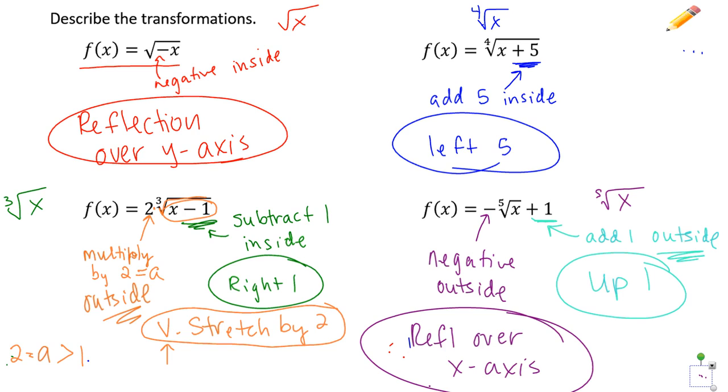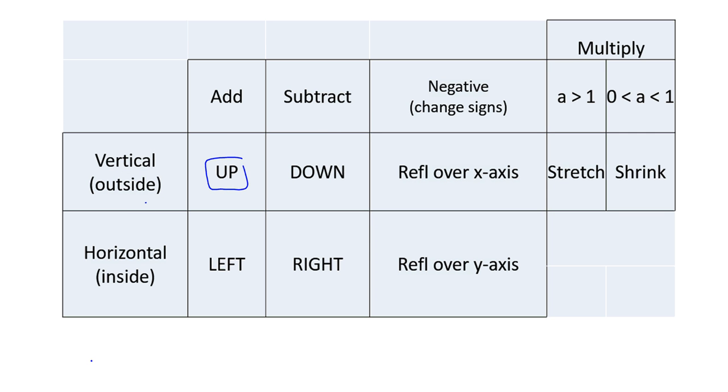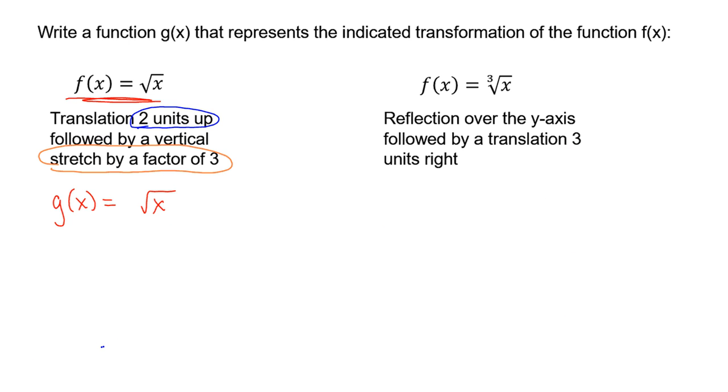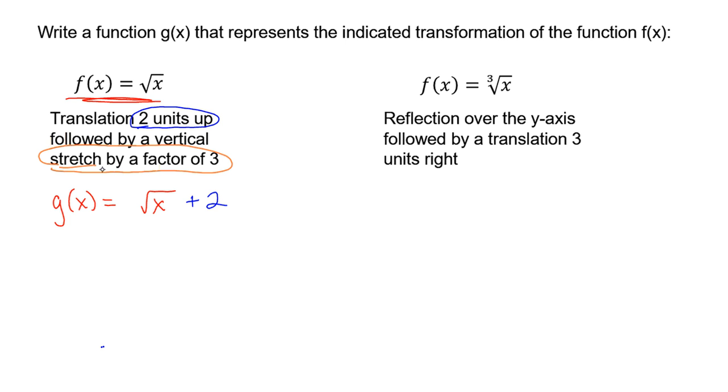2 units up. Cheat sheet says, if I want to go up, then I need to add outside. Okay, so plus 2. Now the next one says a vertical stretch by a factor of 3.